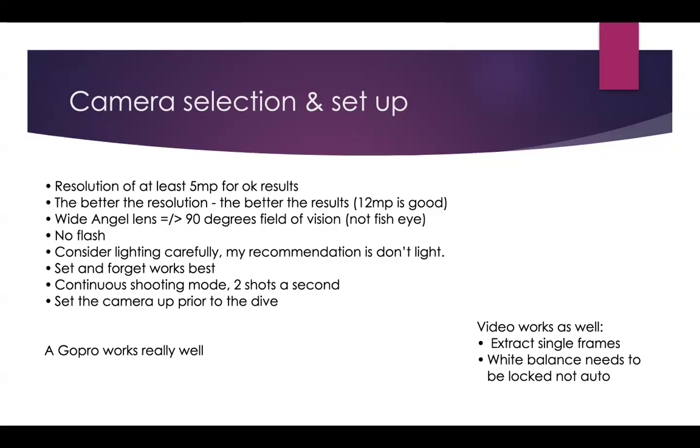You want to be shooting wide angle because you want to be capturing sections of wrecks, as an example. But fisheye is no good, because what you want is a clean, undistorted image. You don't want anything that's going to manipulate and bend the image. You're trying to get a true aspect on whatever you're trying to create an image of.